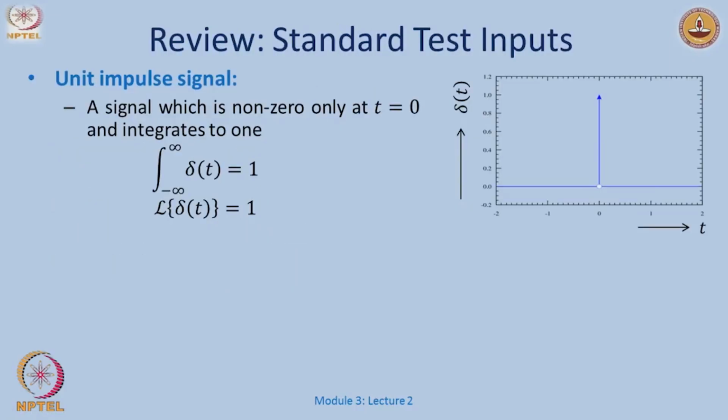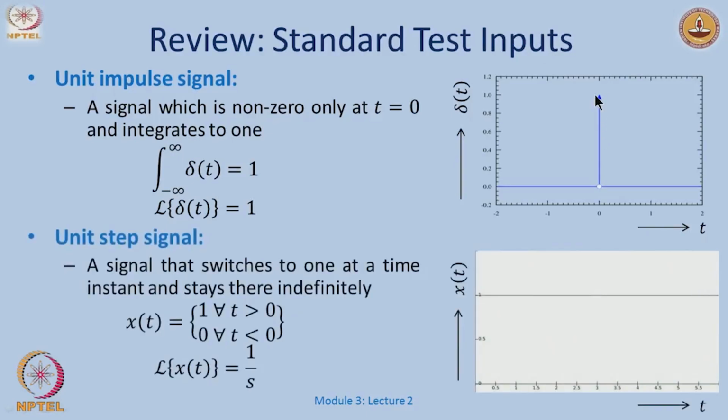So, just to recall how these signals look, a unit impulse, as we saw in our earlier lectures, is a signal for which I integrate from minus infinity to infinity, the area goes to 1, and it looks something like this. Similarly, a step is a signal that switches to 1 at t equal to 0 plus and then stays at 1, and for all t less than 0 it is at 0.